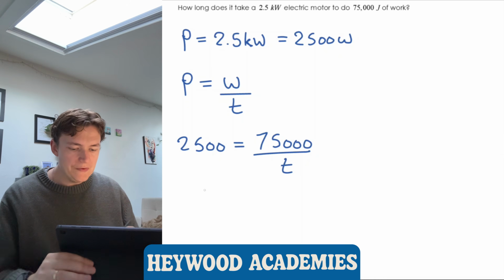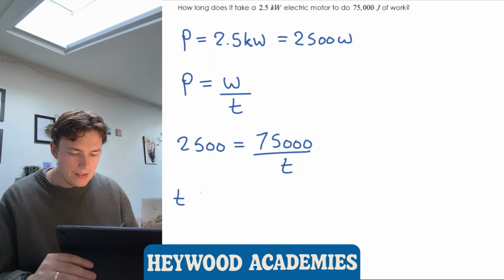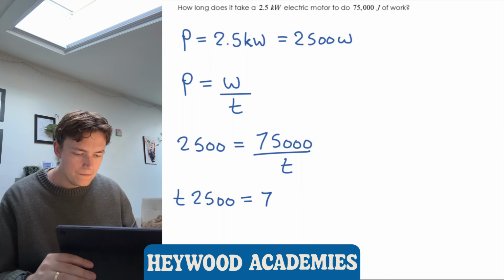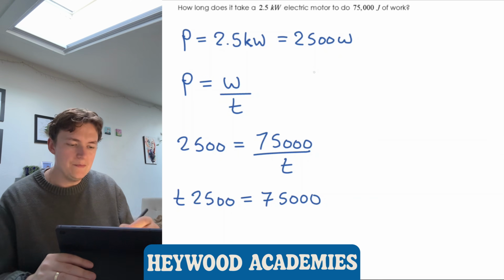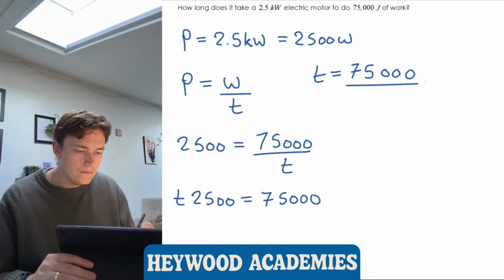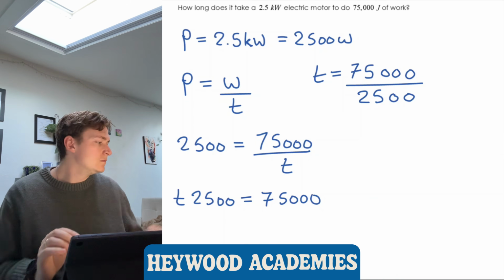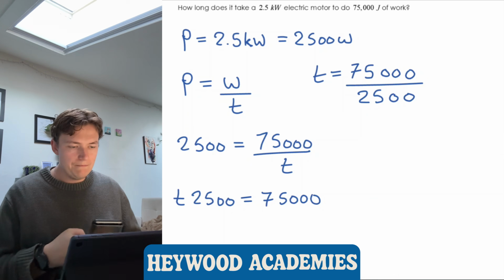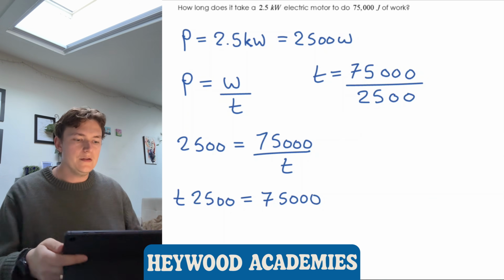So we can multiply both sides by time, bring that up over here. And then divide both sides by 2,500. Okay, now we plug that in. That gives us 30 seconds.